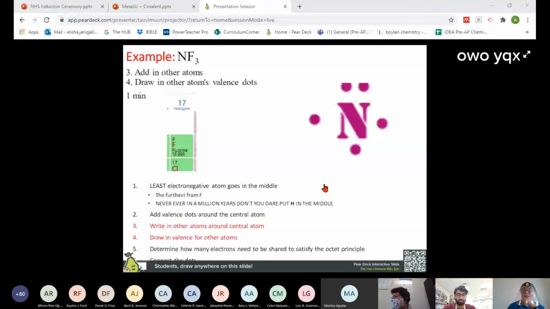Looks good, Abby. Looks good, Celeste. Good, Johanna. Allison, we're using F, not CL, but that's good. Kimberly, your F should be around the N. That looks good, Derek. Looking good, Kaden. Looking fancy, Jose Romero. Good job, Ashley Garduza.